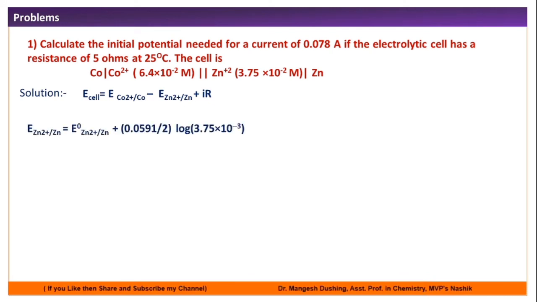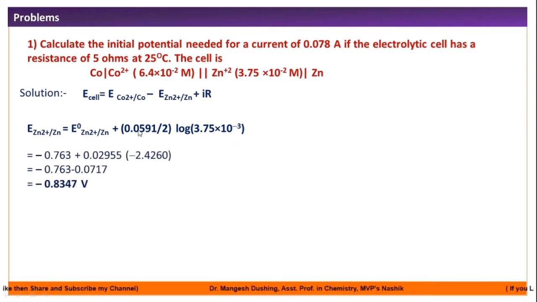The potential for the Zn electrode is equal to the standard electrode potential for Zn plus 0.0591 divided by 2, where 2 is the number of electrons involved in this process, times log of the concentration of Zn ions, that is 3.75 × 10^-3.